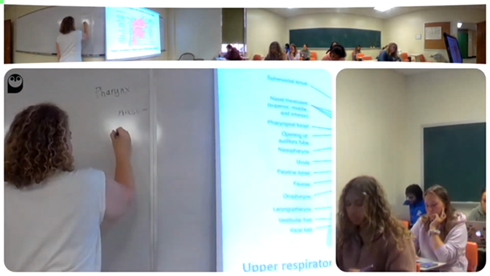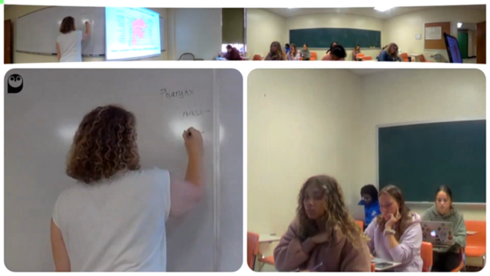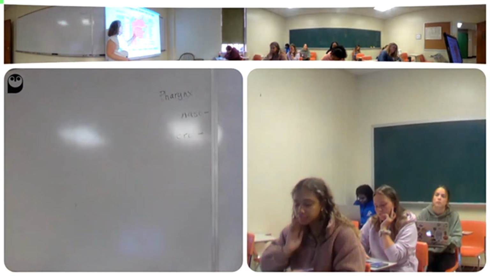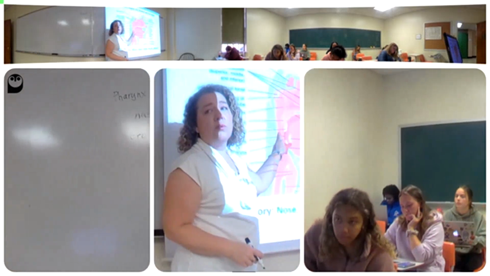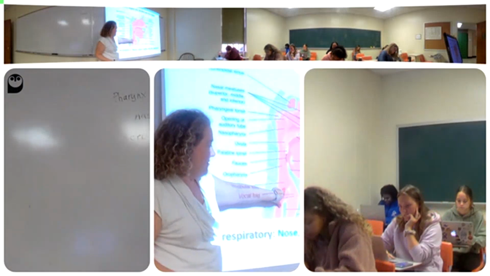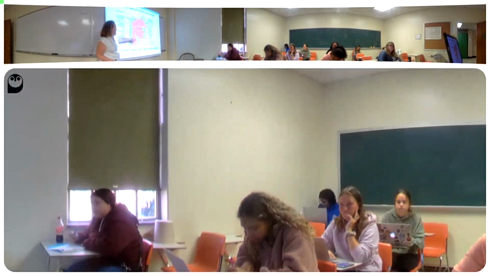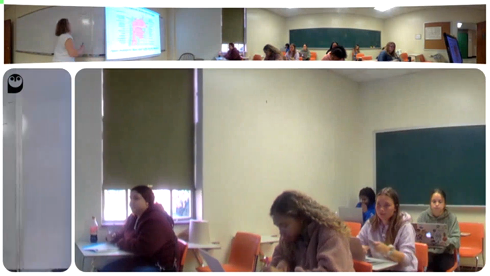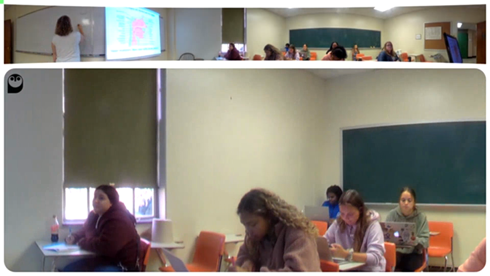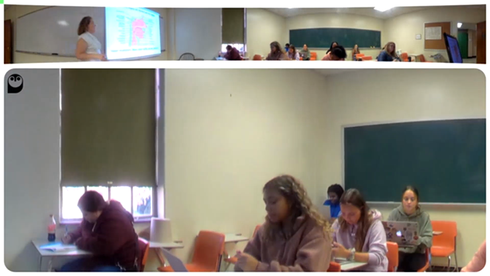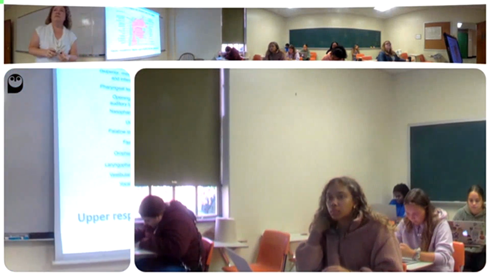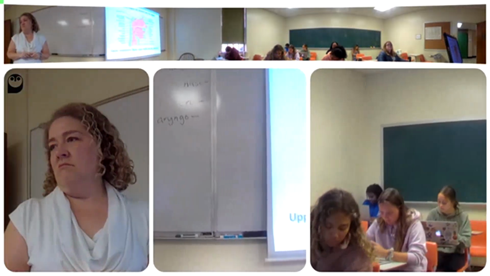And we have oropharynx, which is the part behind your tongue, behind your oral cavity. And then there's a part lower down that's still pharynx, but it's called laryngopharynx, which is behind the larynx, which is the top of your windpipe, let's say.